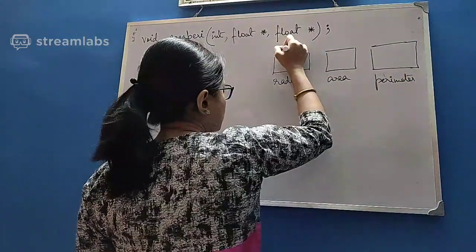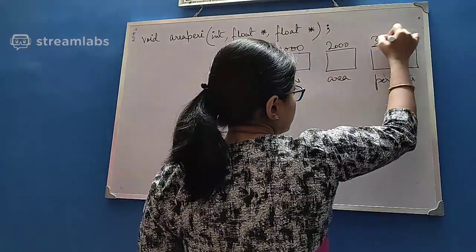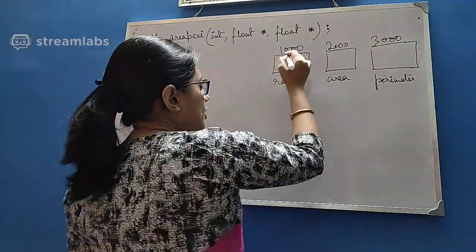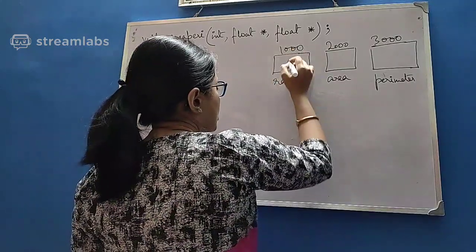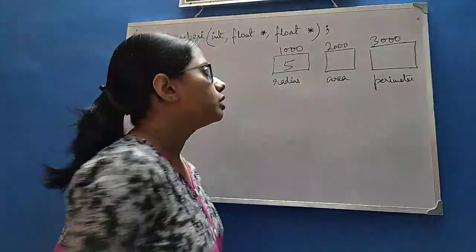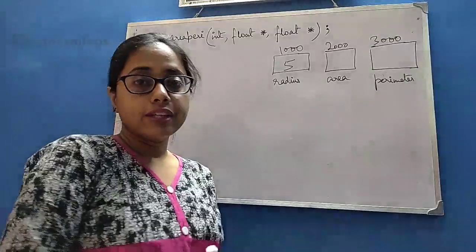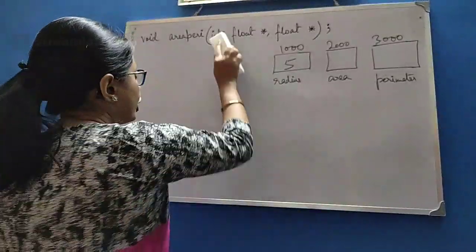So say this location is 1000, this is 2000 and this is 3000. And say the value of the radius I have provided it as 5. I have taken the value 5 as input and these are to be calculated, right? So let us look at the definition of my function area peri.